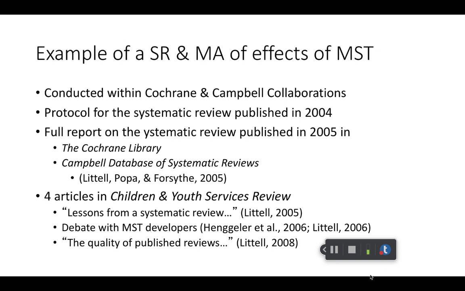In addition, there are 4 published articles about this review in the journal Children and Youth Services Review, including a debate between myself and the developers of multisystemic therapy. As you'll see, the MST developers don't particularly like our results.